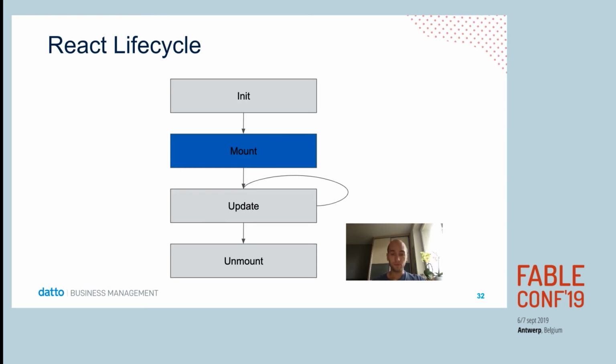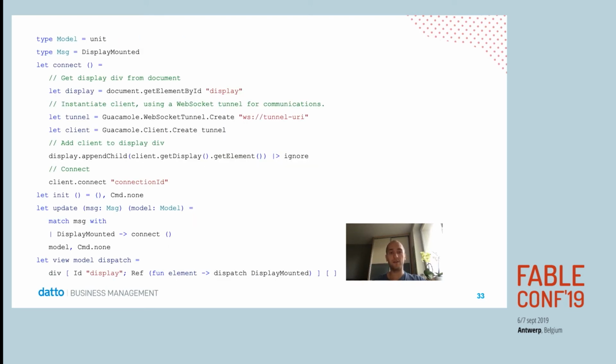And to fix our previous issue, what we can do is to listen for that mount event whenever that happens. So one way of doing that is to use a ref property which takes a callback that is triggered whenever the element is actually mounted in the DOM. So here what I'm doing is I'm dispatching the display mounted event or message that I added to my messages.